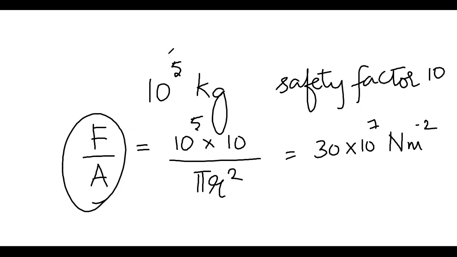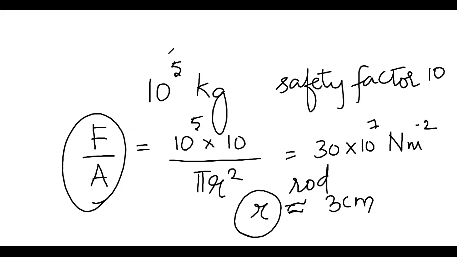So using this particular value, if you are going to calculate the radius of the wire, it will come to the order of approximately 3 centimeter. You can calculate it later. But if I am going to make a wire of thickness radius 3, that means diameter 6 centimeter, it will not look like a wire, rather it will look like a rod.